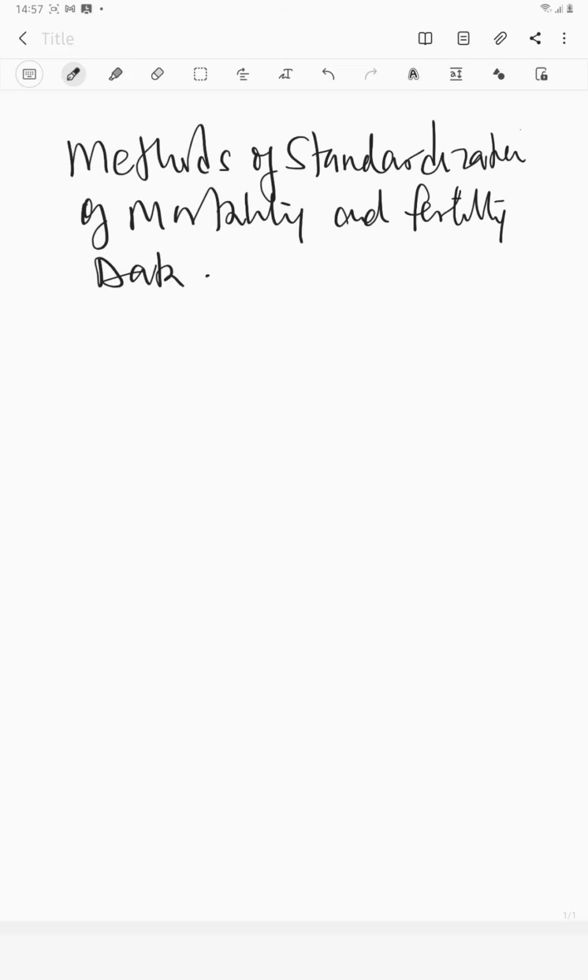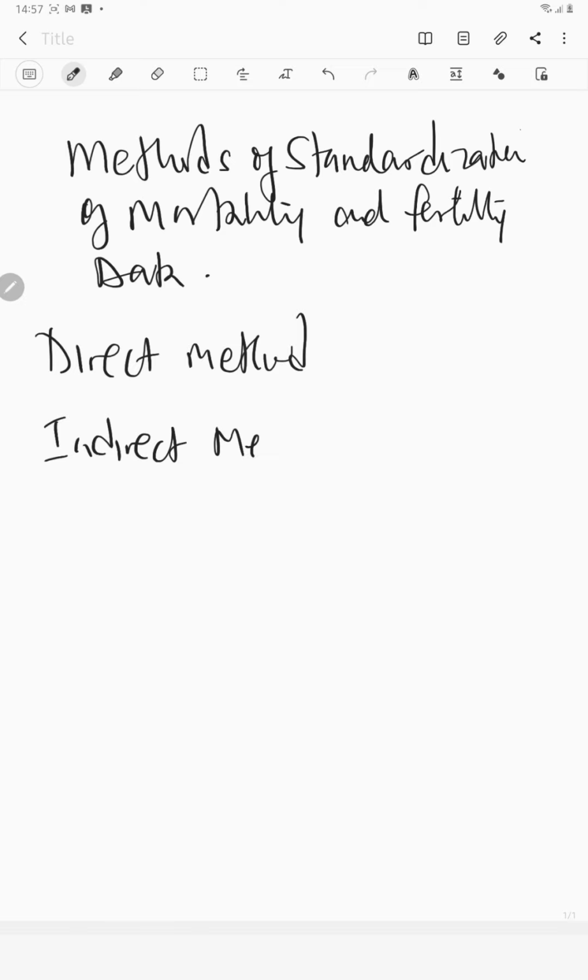So we have got the forms of standardizing data. Now, one major process that is used, we call it the direct method of standardization. At the same time, we can call the other method, the opposite, the indirect method.